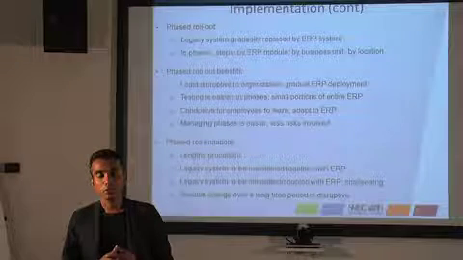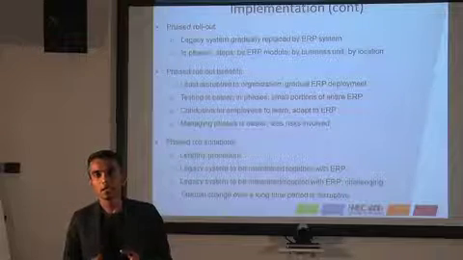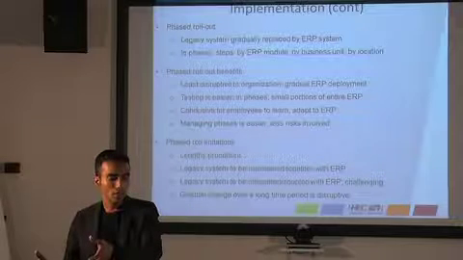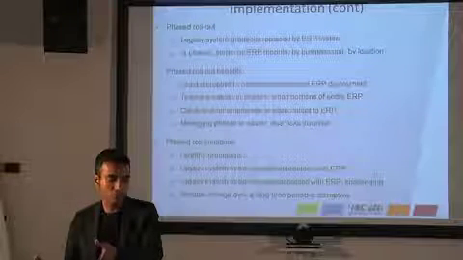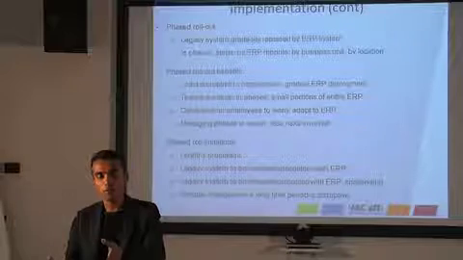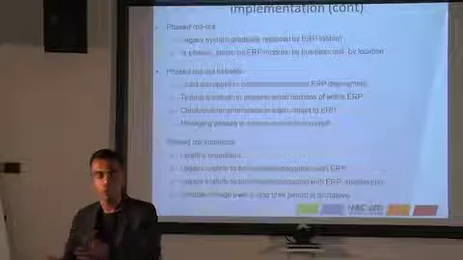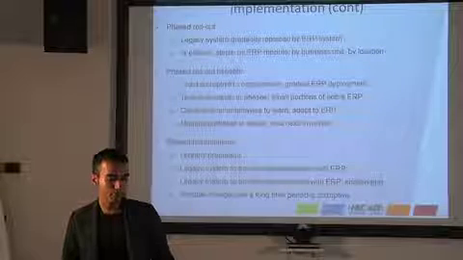However, the limitation is obvious. You have to maintain the ERP system plus part of the legacy system. So two systems have to be managed concurrently, the entire ERP system and some modules of the legacy system.